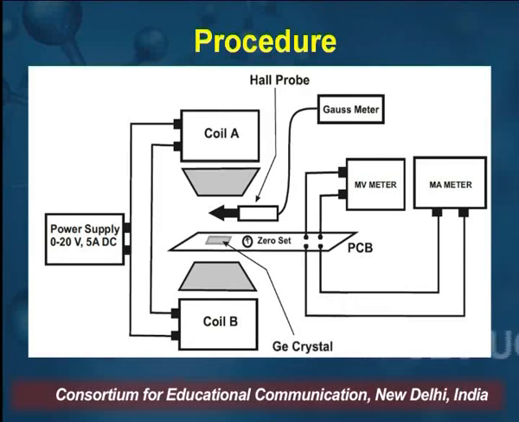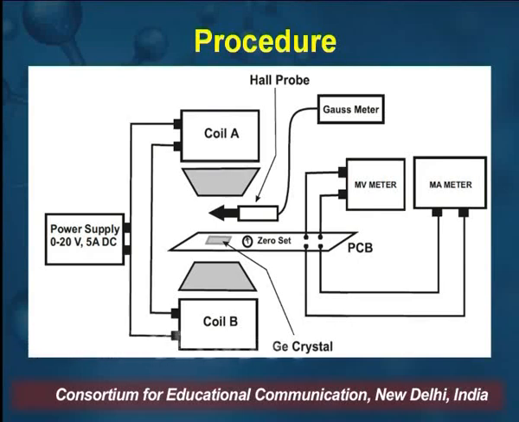This is a schematic diagram of this experiment. Here we see that coil A and coil B represent the electromagnet iron rods, and these iron rods are connected with the power supply. On the left hand side this is the power supply, and very clearly we can see a Hall probe which is connected with the Gauss meter.